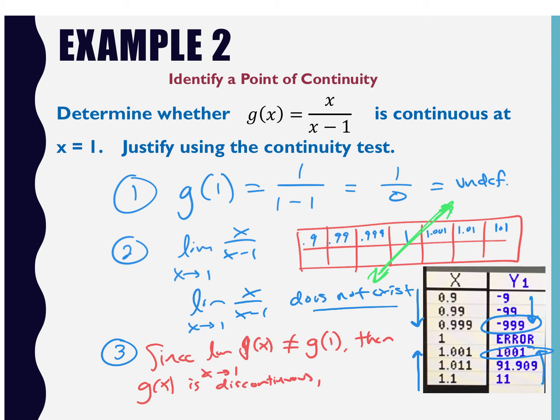If you go back to your slides on those types, from one direction you're getting extremely large in the negative direction, and from the other you're getting extremely large in the positive direction. So the limit doesn't exist. They're opposite values, but this would definitely be what's called an infinite discontinuity. So it's discontinuous, and we label the type, which is infinite here.